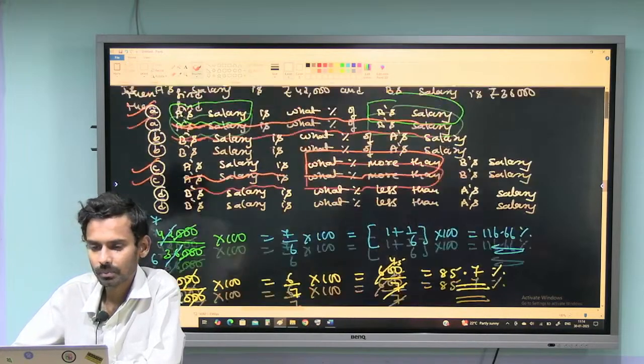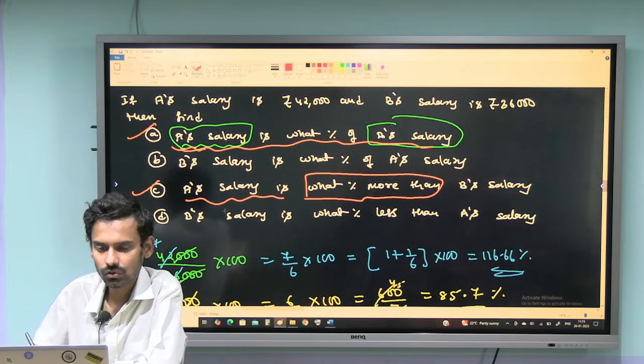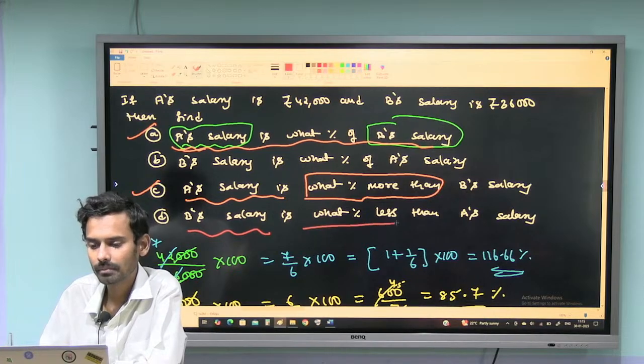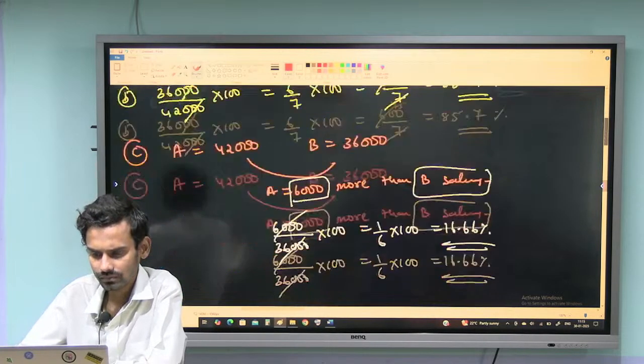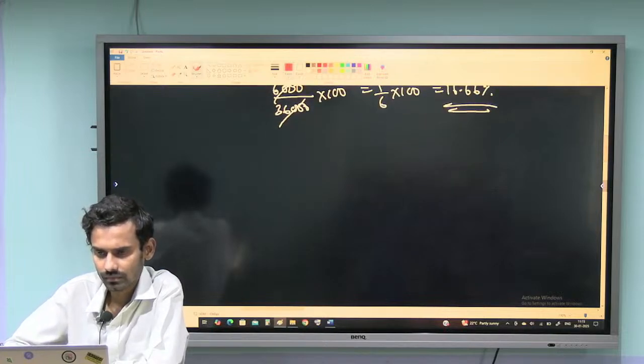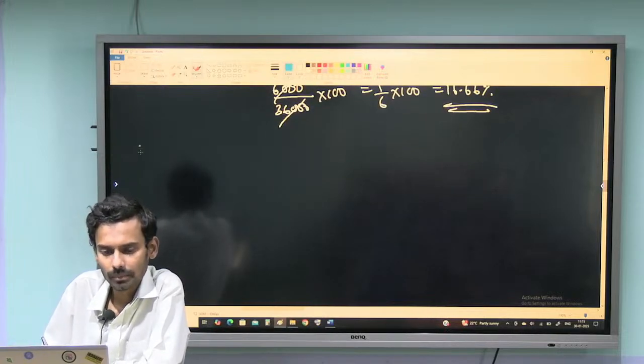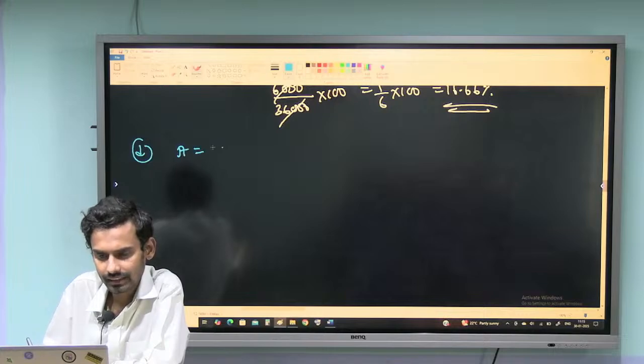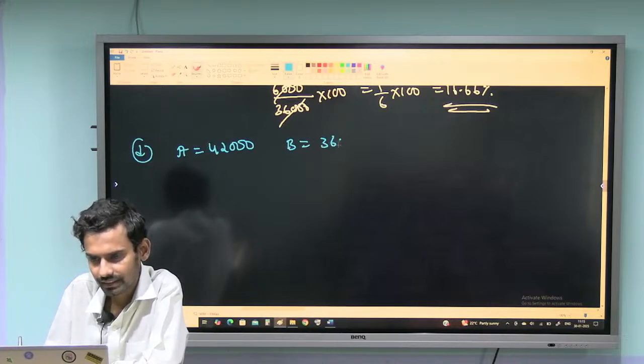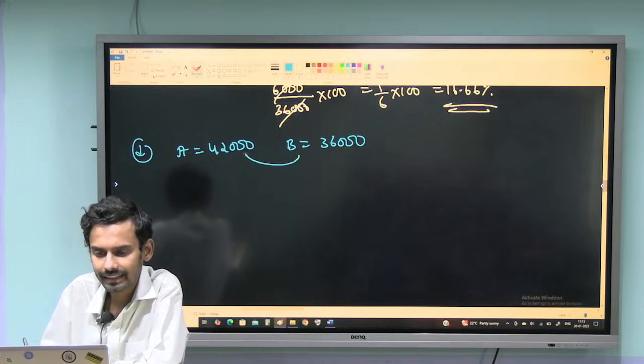Going to the fourth sub question, the question is asking for B's salary is what percent less than A's salary. Sub question D, A's salary is 42,000, B's salary is 36,000. Now B's salary is how much less? Same 6,000 less.